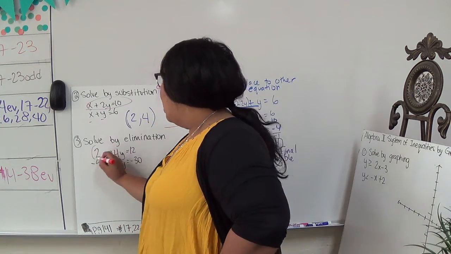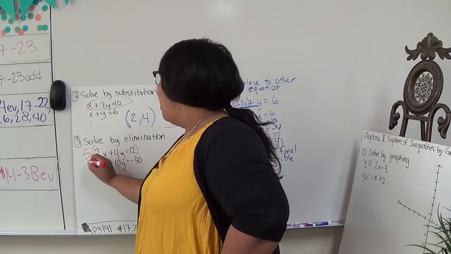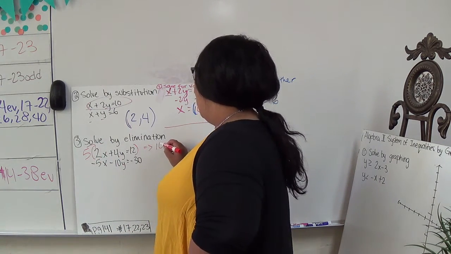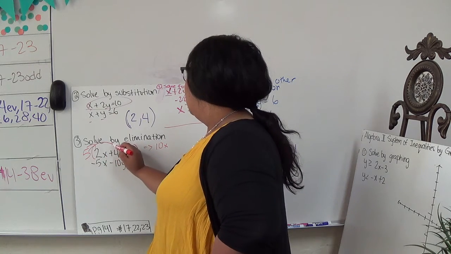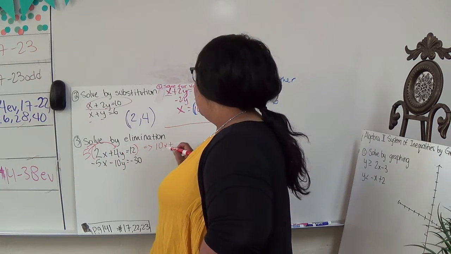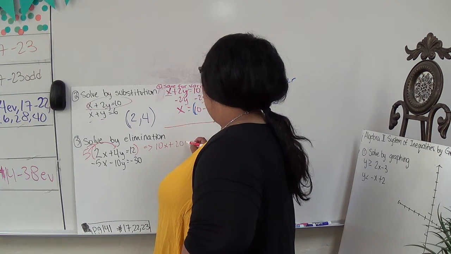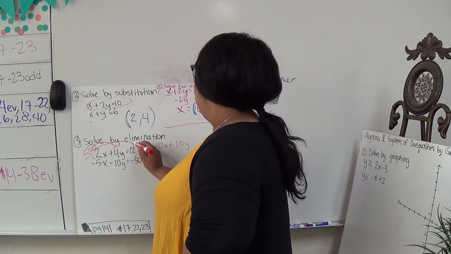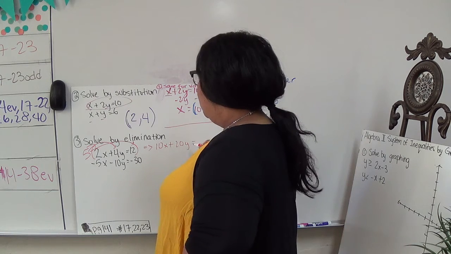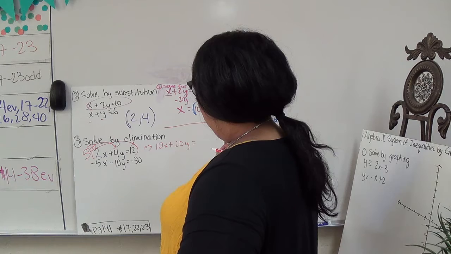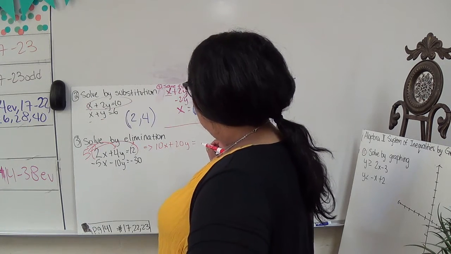So I'm going to take this and multiply it by 5, which gives me, right, I'm going to distribute it, 10x plus 20y equals 60.